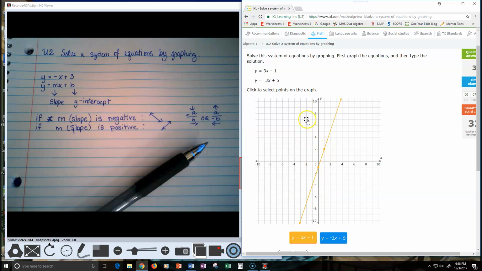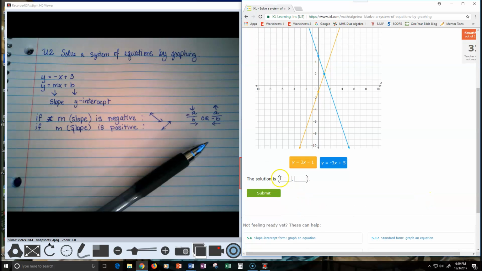And then let's graph our next line. We know that that is a slope of negative 3, but a y-intercept at 5. So we're going to plot our point at 5, go down 1, 2, 3, and to the right 1. And our answer then would be 1, positive 2.